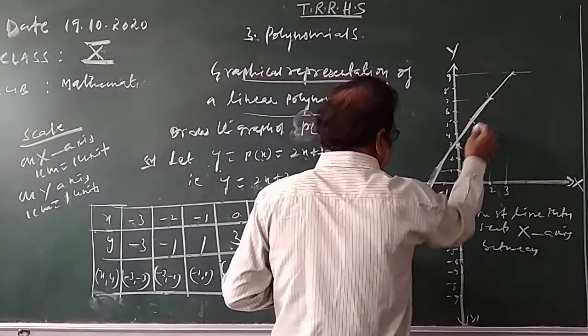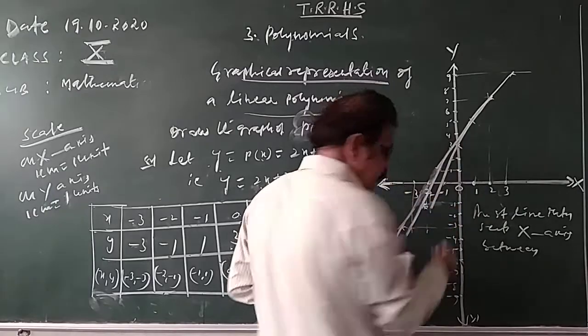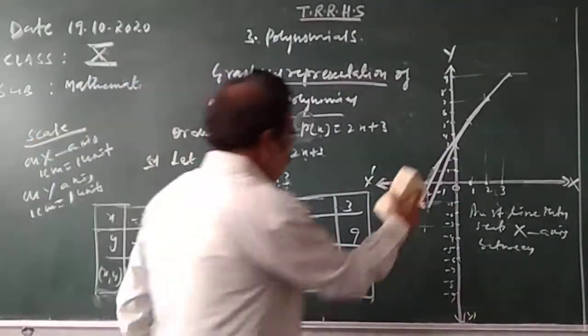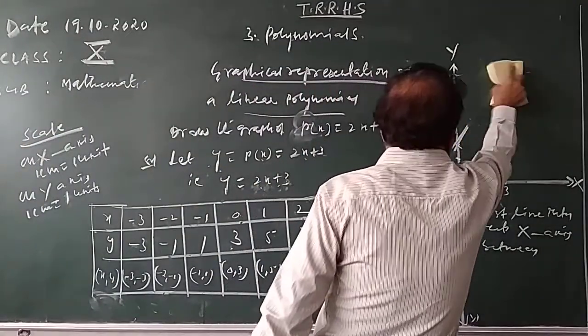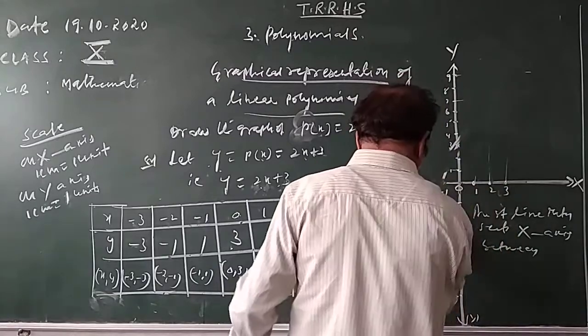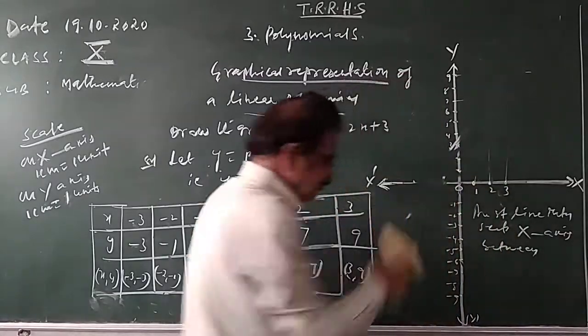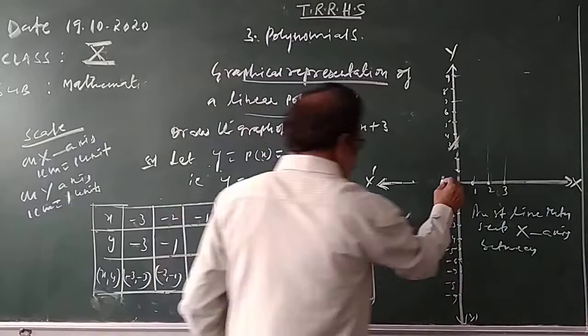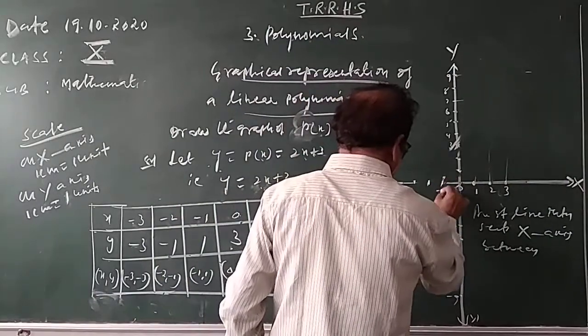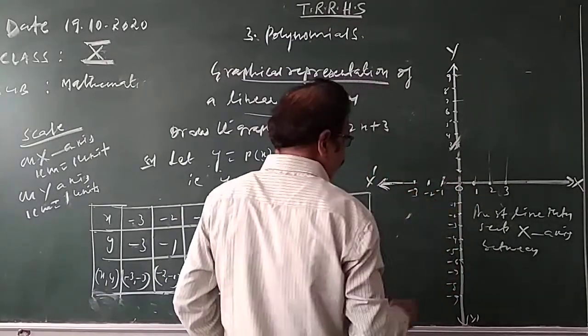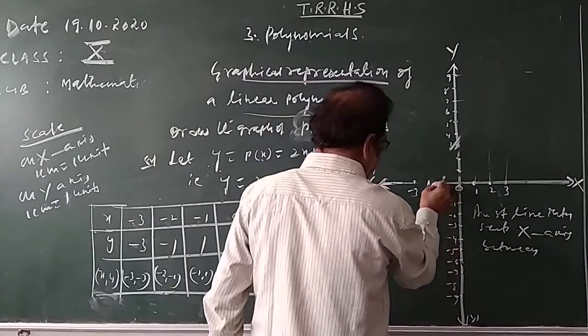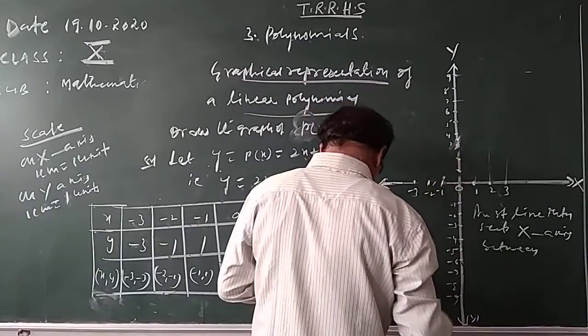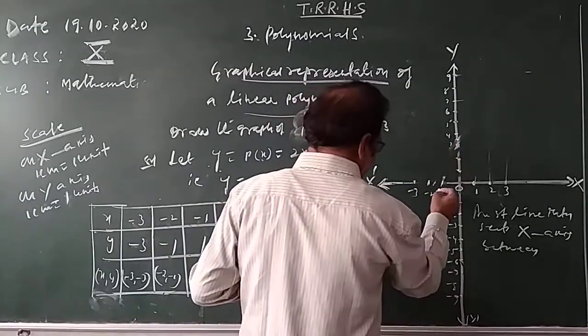This is what you get when you do it on the graph. I hope you understand the plotting of minus 1, minus 2, minus 3.